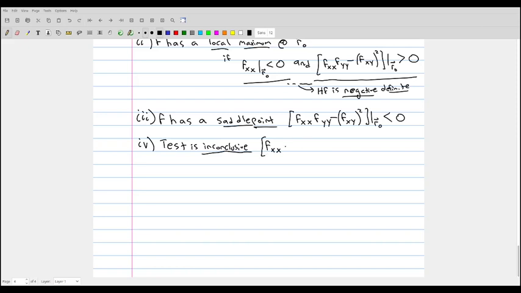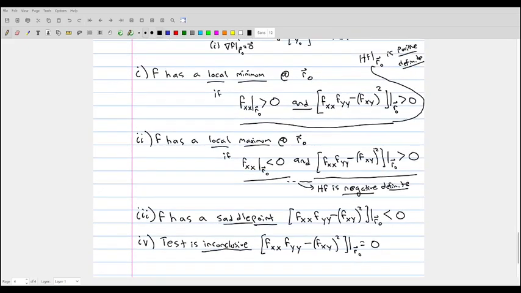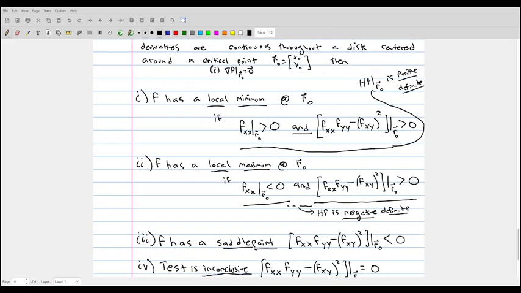So if the second derivative with respect to x times the second derivative with respect to y minus fxy squared at the point r0 is equal to 0, then we don't learn anything from the test. We have to go to some other higher order test to determine the behavior of the function at the critical point. But these are the four main results from the second derivative test for functions of two variables.